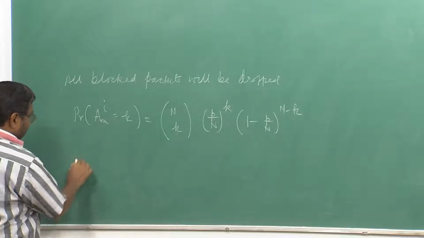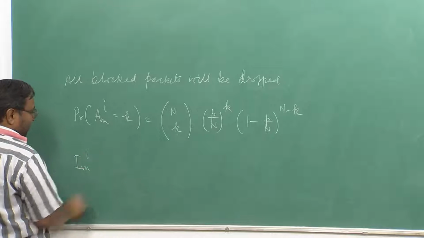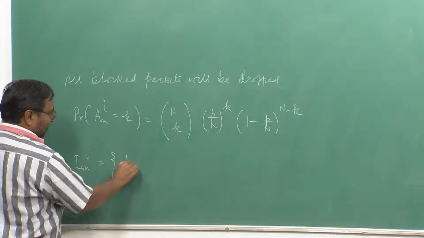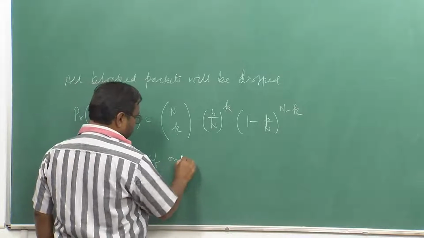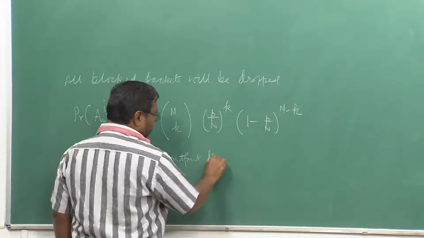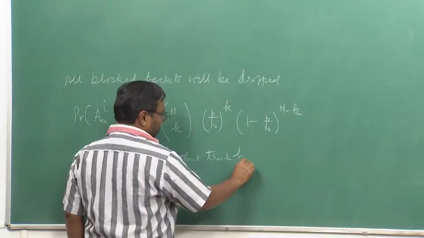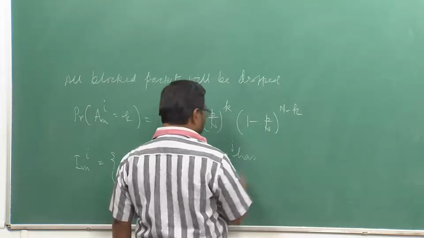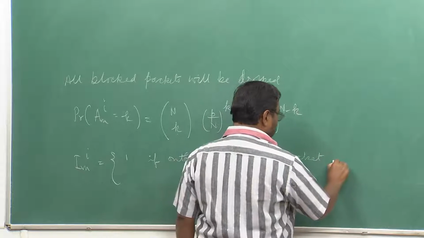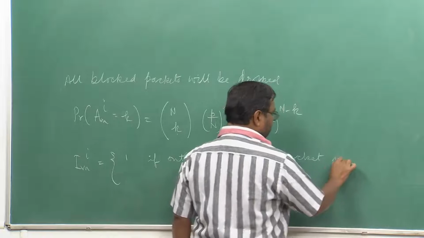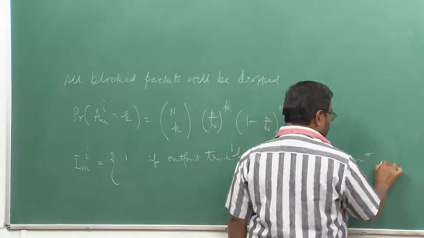We define a variable called A_i for an output, this will be 1 if output trunk i has a packet in the nth time slot.